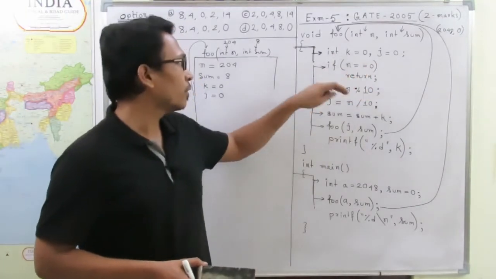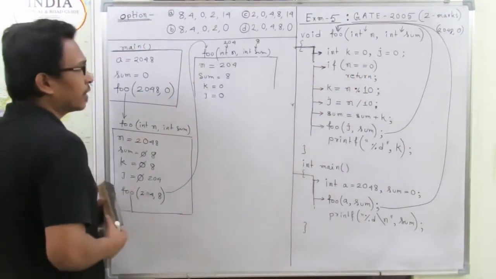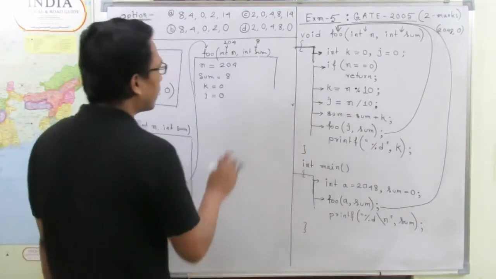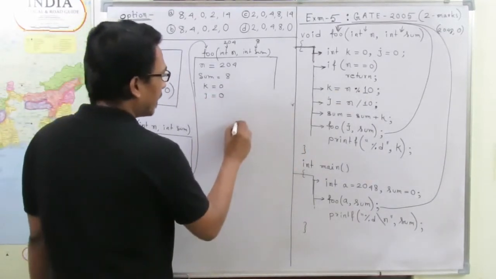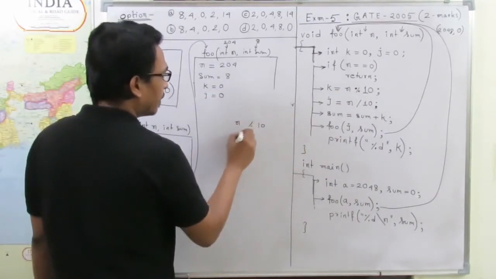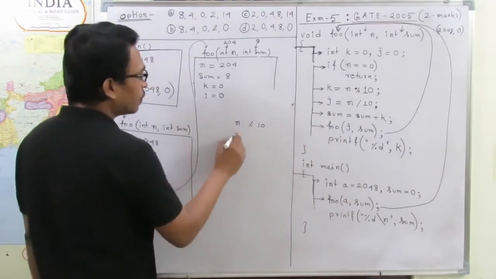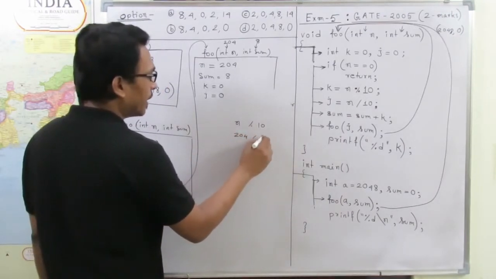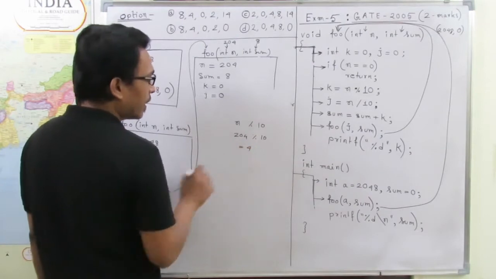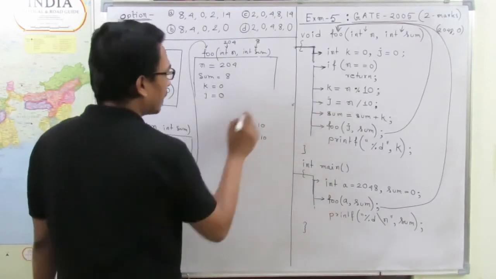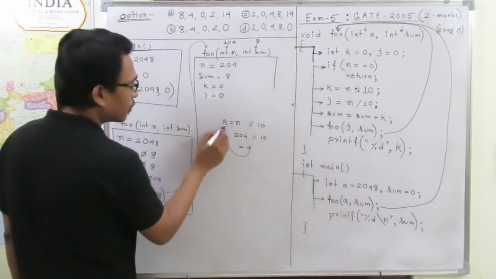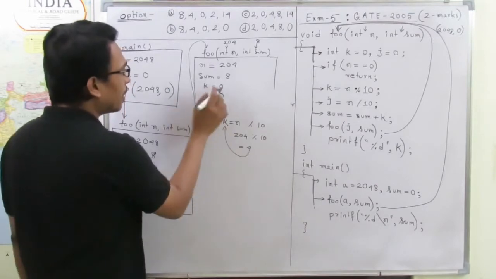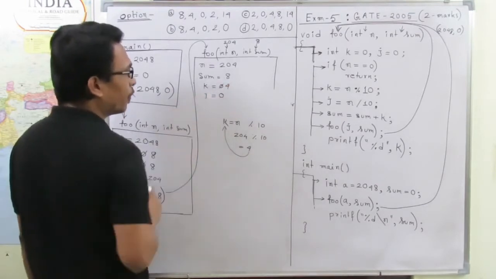That means the system will go to the next instruction. Now n modulo 10: n is 204, and 204 modulo 10 gives us 4, and this 4 will be stored in the variable k. So the value of k will be 4.